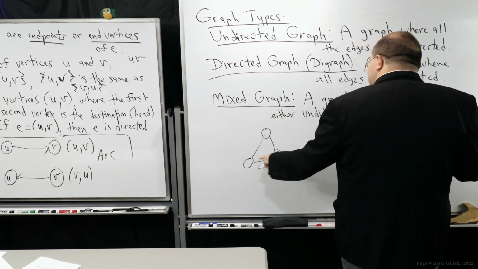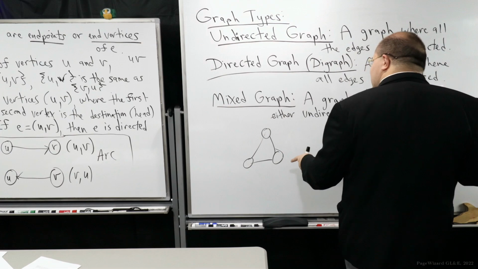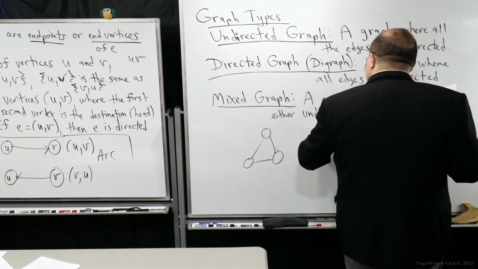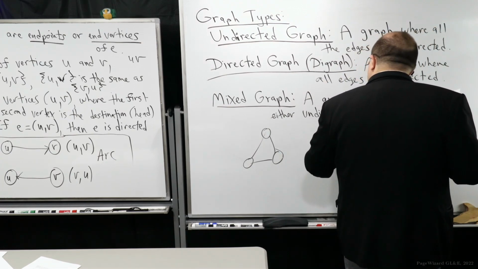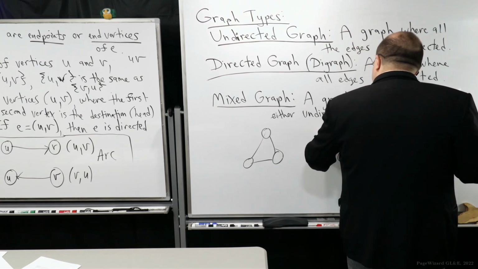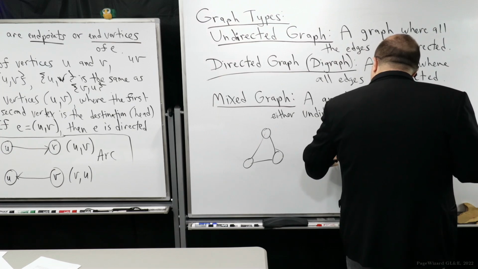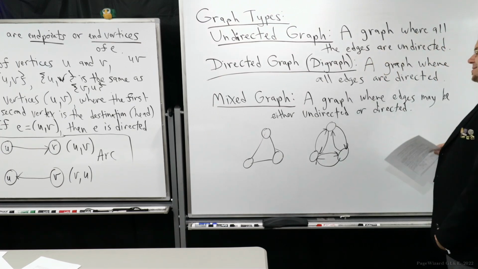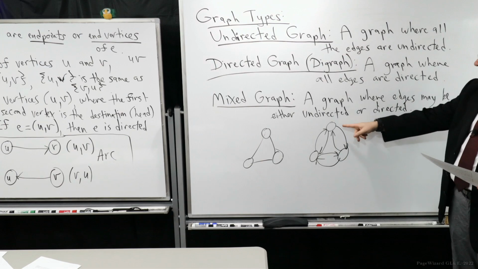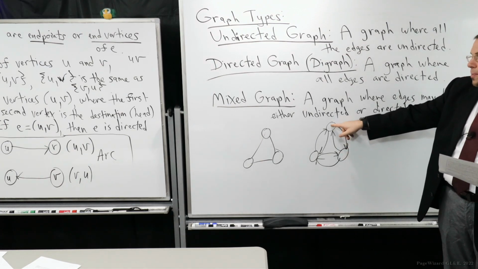Now, I could take this undirected graph and represent it as a directed graph, as follows. I can introduce multiple edges like this, taking directed edges and putting them so they go back and forth.